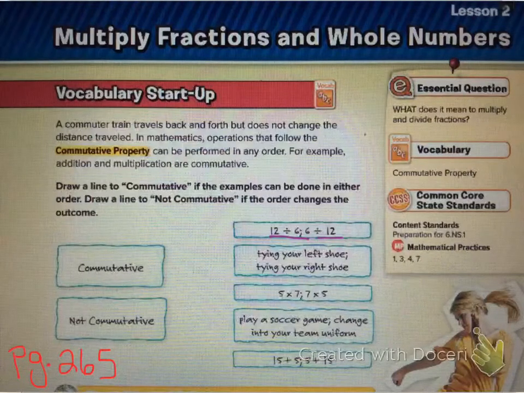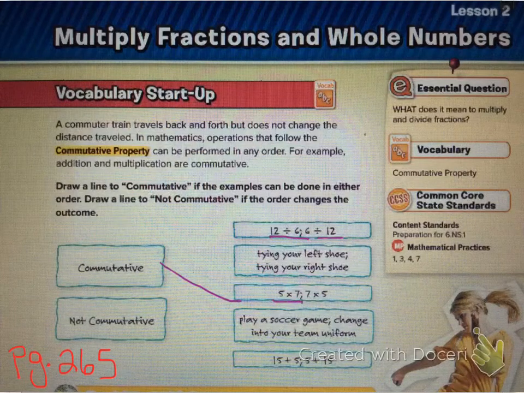However, you can switch around a multiplication problem. The commutative property states that 5 times 7 and 7 times 5 are going to give you the same exact answer of 35. This holds true for another operation. Which operation can you switch around and get the same answers? Addition. Exactly. Okay. However, you cannot switch around subtraction. Okay. That would not be commutative.